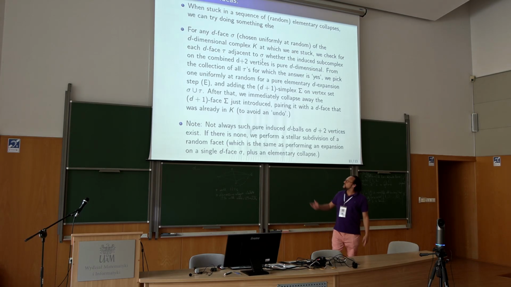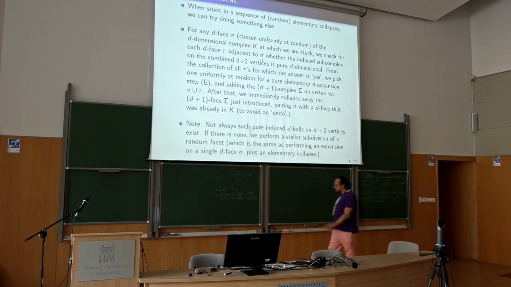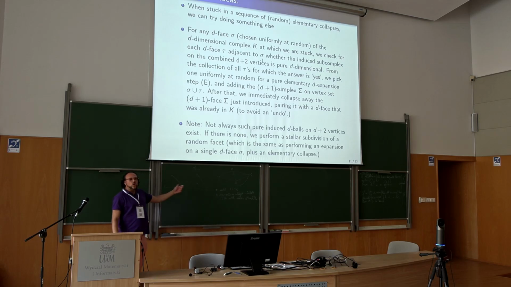It fits nicely to this theory because of the stellar subdivision, word from this morning. The stellar subdivision of a face looks like this in dimension 2. This stellar subdivision can also be thought of as the result of the attachment of a tetrahedron and then the collapse of this tetrahedron with the base.